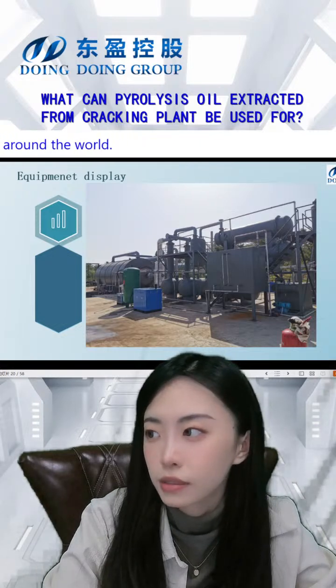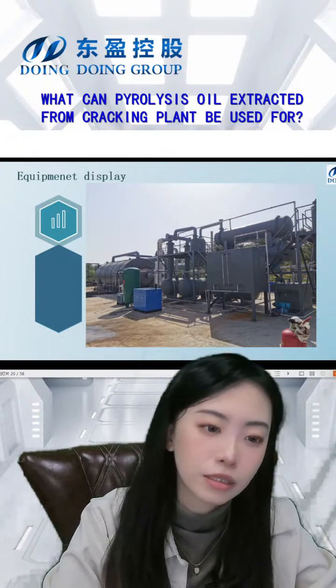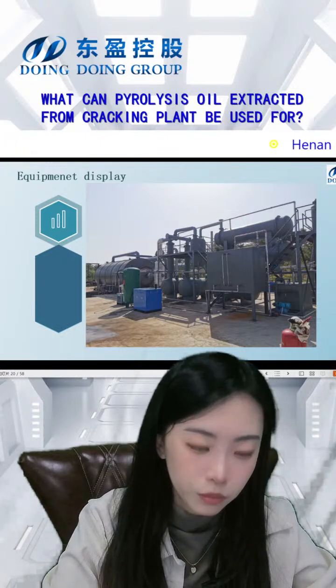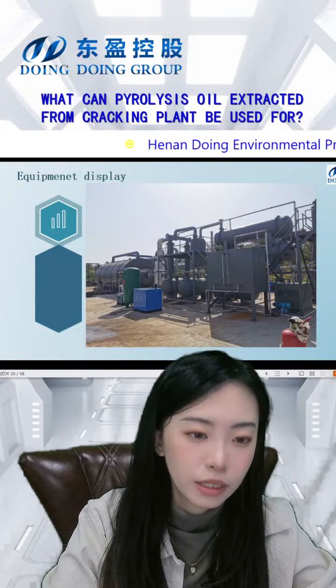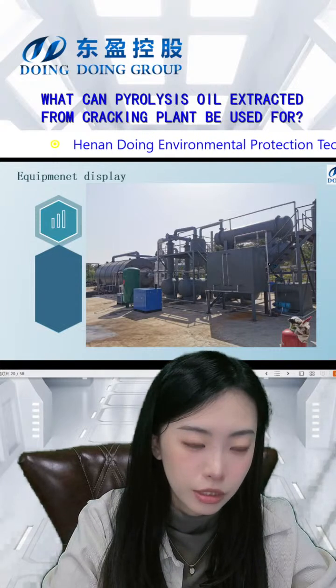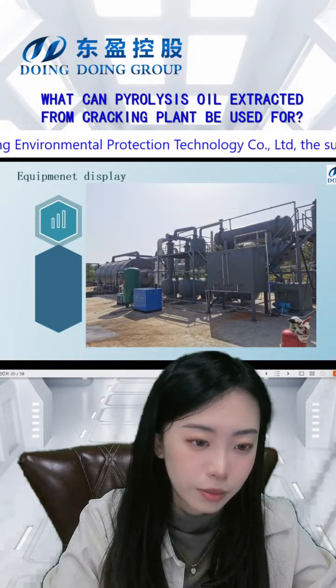This is a safety device, a vacuum device. If you are in this business, you may know that if we open the feeding door at high temperature, there may be a flash explosion.